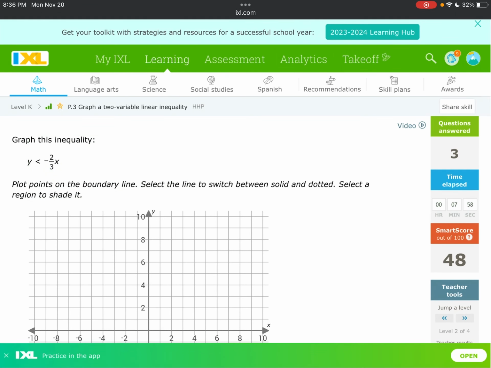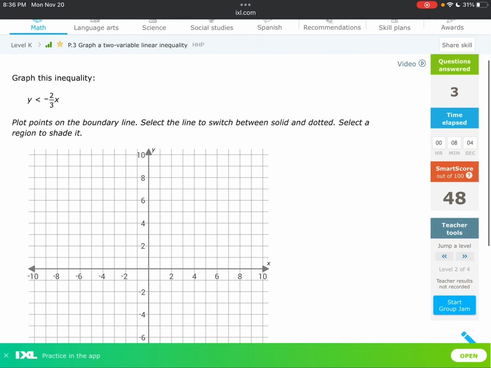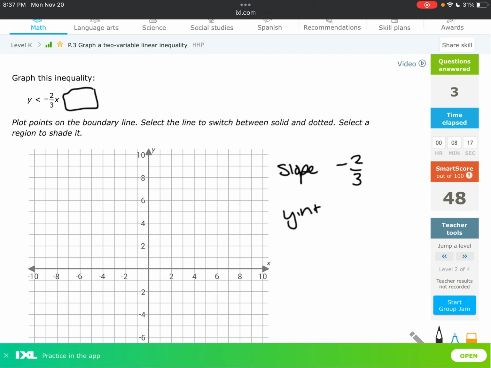I'm going to show an example like this. For this inequality, I can identify my slope. My slope is -2/3. And there is no number here, so my y-intercept is 0. So I'm going to put my y-intercept first, right there in the center.